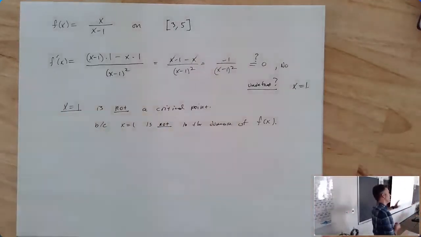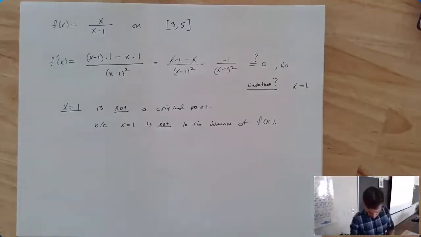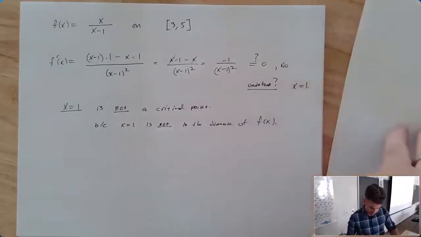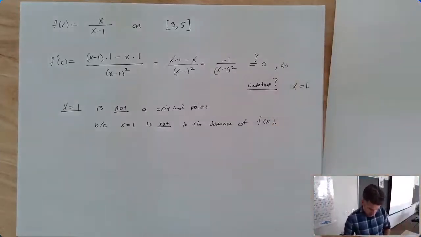That's not the only thing we're going to do, but definitely one of the things we do is graph functions and find their relative extrema to help us get a clearer picture of what their graph looks like.